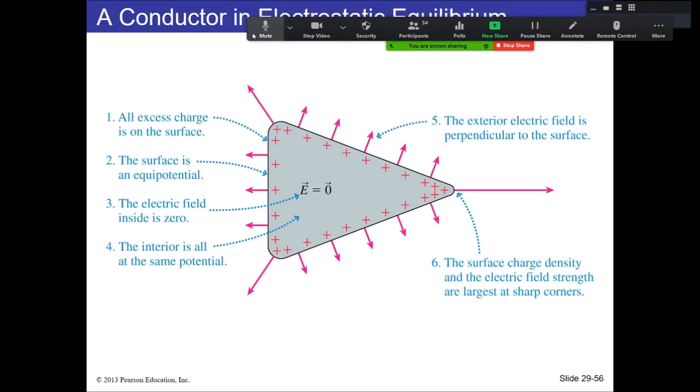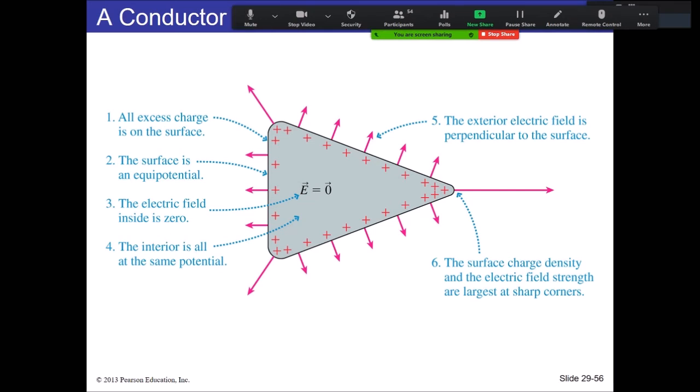So here is what conductors are going to do. A conductor, if it has charge on it, those charges will exist on the very edges, on the surface of the conductor. The electric field inside is 0. Therefore, the potential is a constant on the inside.